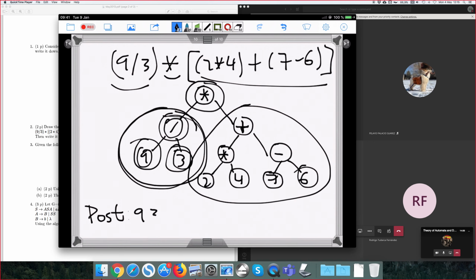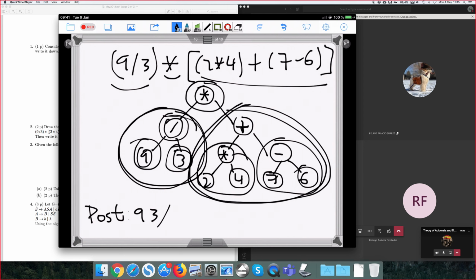So 9, 3, division. Now I go to the right subtree, and there I recursively apply the post-order algorithm. So left, right, and then the root.